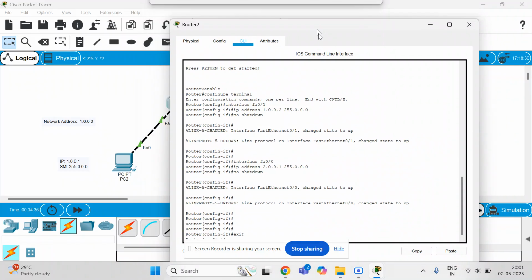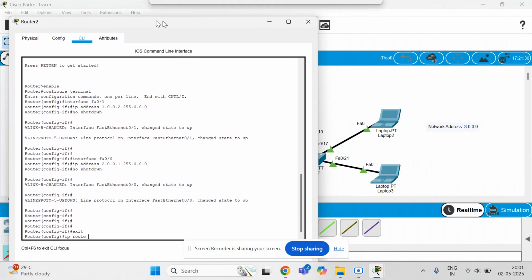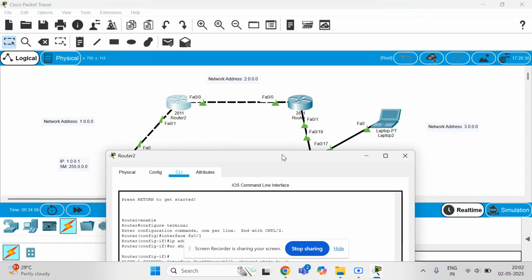Here we have to type the command ip route, then the destination network address, which is this one, 3.0.0.0, and the destination network subnet mask, 255.0.0.0, and the next hop IP address. From this router, the very next router and its IP address, which IP address?